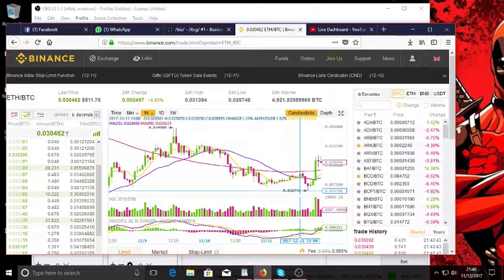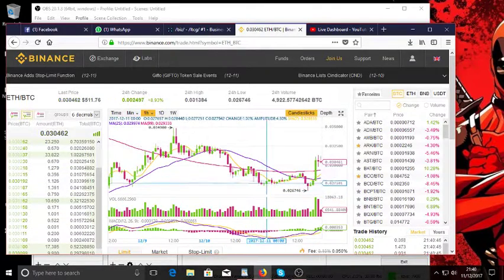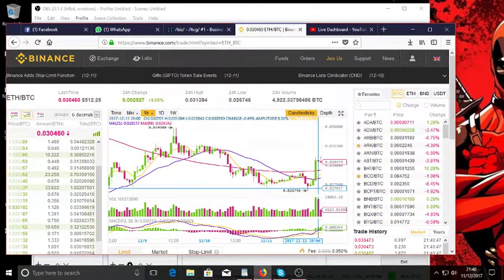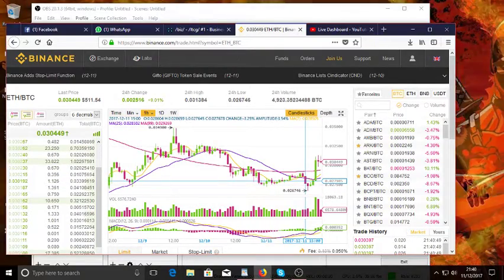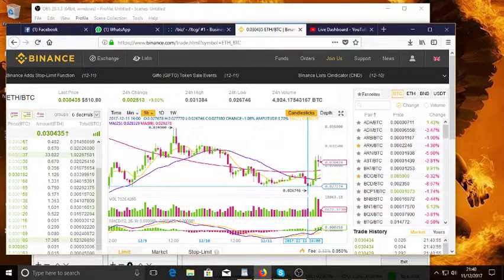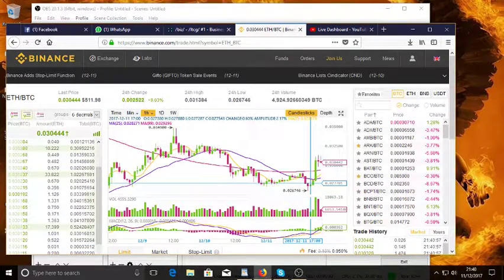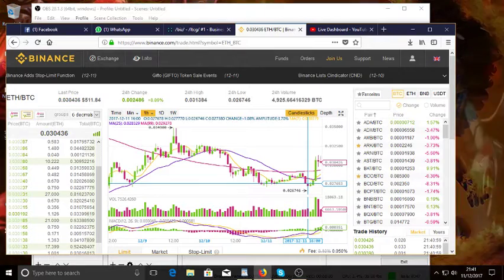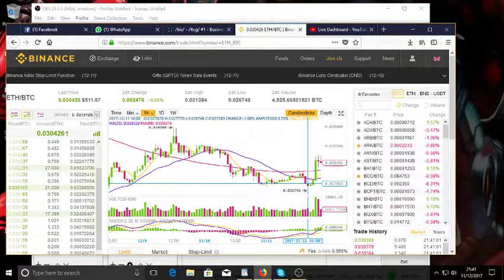So how to read these candlesticks? Let's say we start on this little red one here. To start with, you need to look at the previous candlestick to see where the price opened.